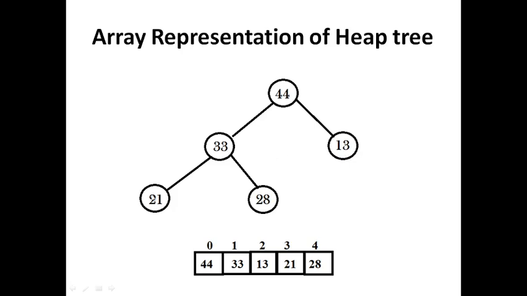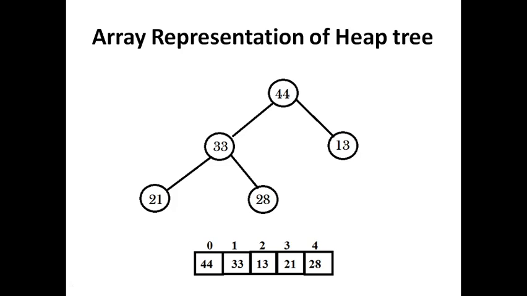Similarly, 33 is also greater than 21 and 28. So the first condition is satisfied. The second condition is that it must be complete or nearly complete, and this tree satisfies that too. So this is a nearly complete binary tree, and it can be treated as a heap tree.